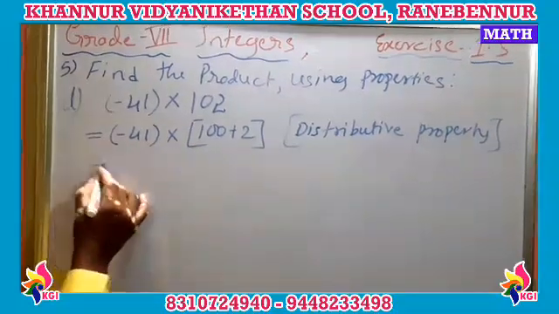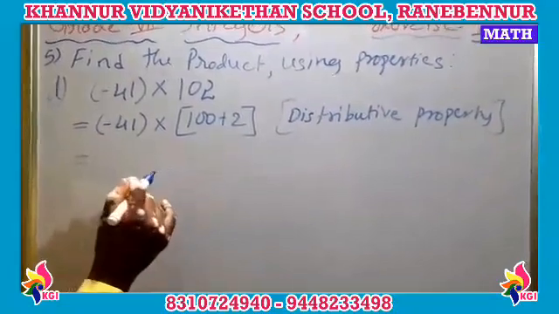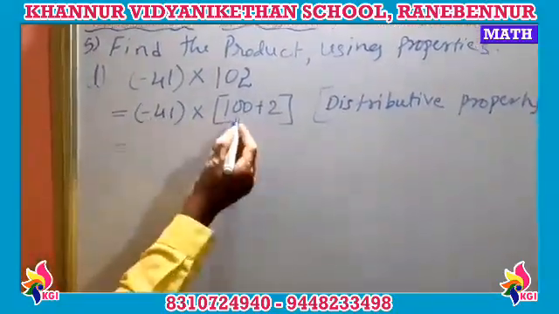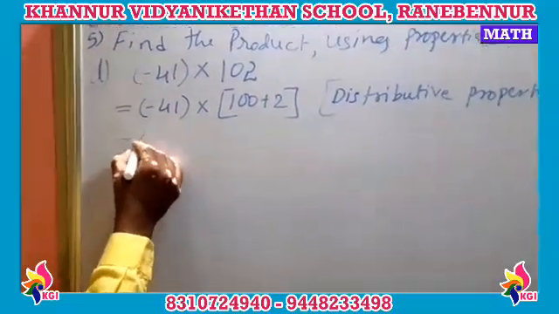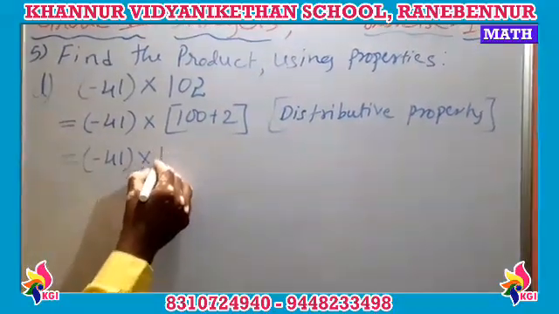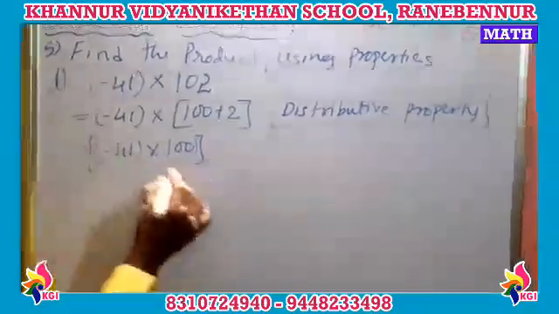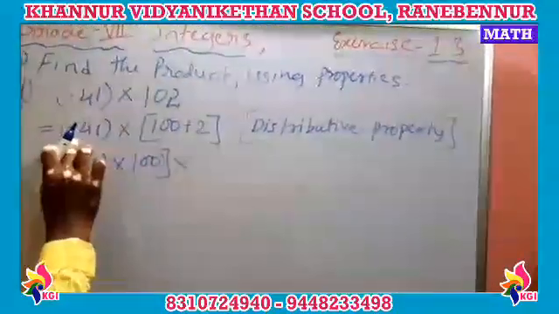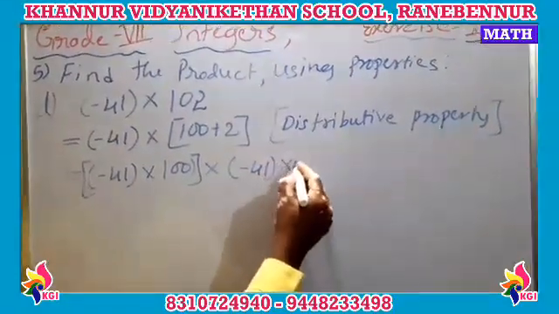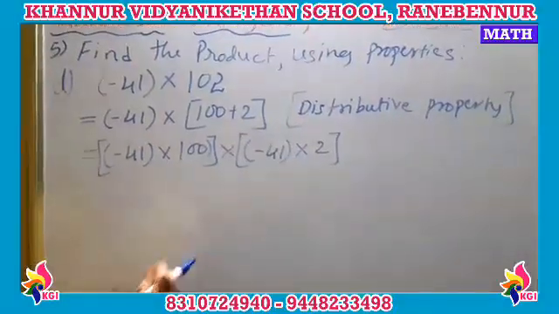You know the 41 table, children, very easy, no? So first we multiply minus 41 with 100. Let me write minus 41 into 100 in one square bracket, and the next minus 41 into 2 in one more square bracket.